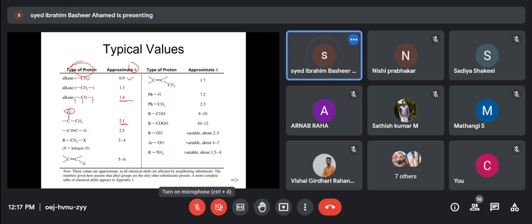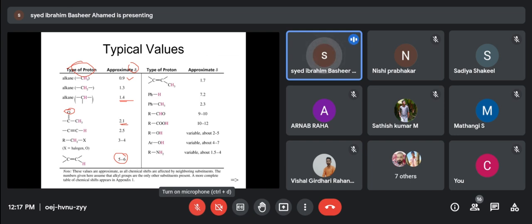And you can keep on seeing, with a double bond carbon and hydrogen, the chemical shift is highly shifted. And this is Ph hydrogen. What is this? This is benzene.